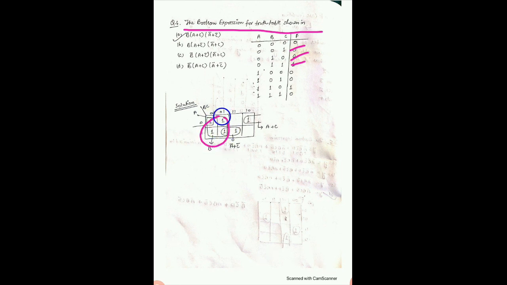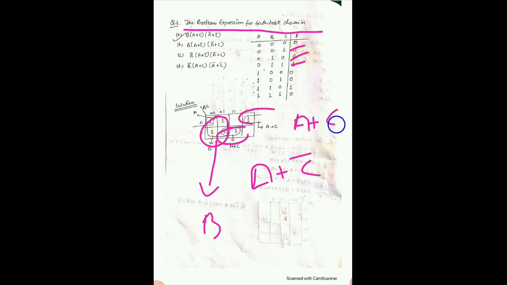Now this is the last question. The Boolean expression for the truth table shown is now in the product of sum form. For product of sum form, we have to write the 0 output as 1 in the K map. There is nothing else changed. You have to complement the sum of product form for the product of sum form.